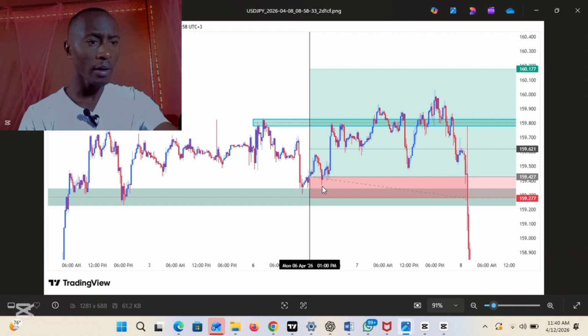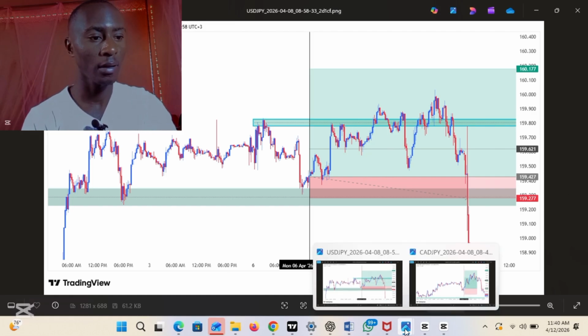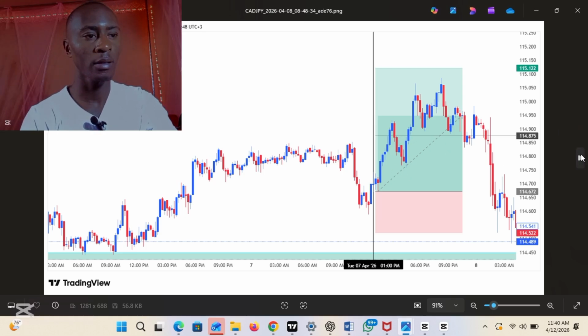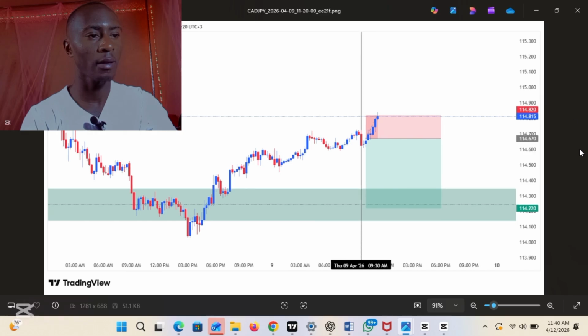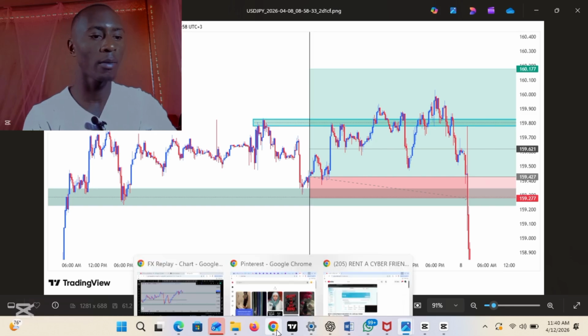So this was my first trade of April, on USD JPY, and then I had another 3 trades on GBPJPY, this trade, and then these 2 trades. I'm going to break down a couple of them, starting with this USD JPY trade.